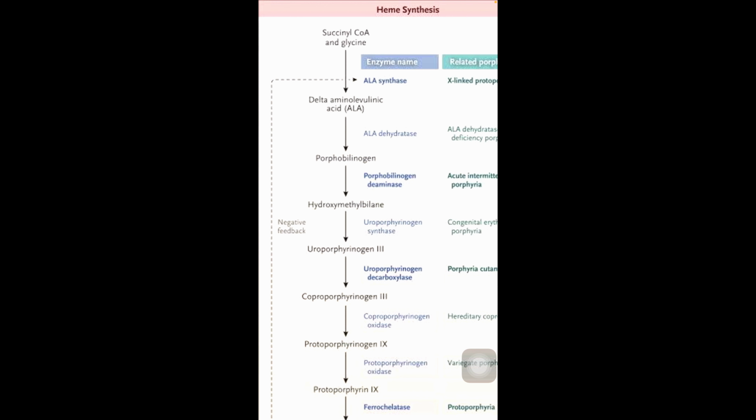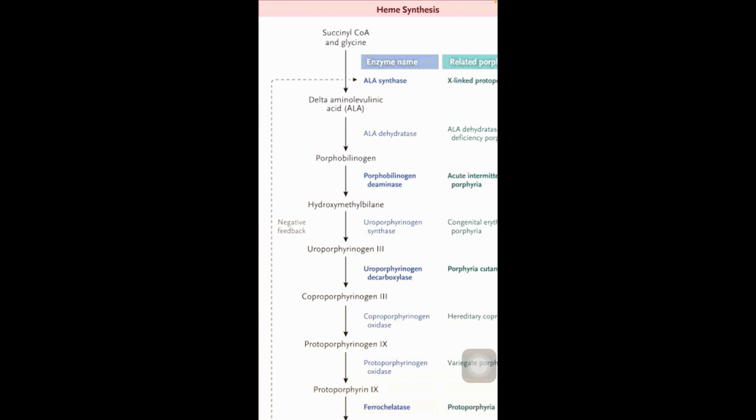So they can also ask you that. They love these kinds of questions. That is why I keep stressing it. They can ask you what is backed up. In lead poisoning, what is backed up is delta-aminolevulinic acid. If ALA dehydratase is inhibited, we cannot move from delta-aminolevulinic acid to porphobilinogen.